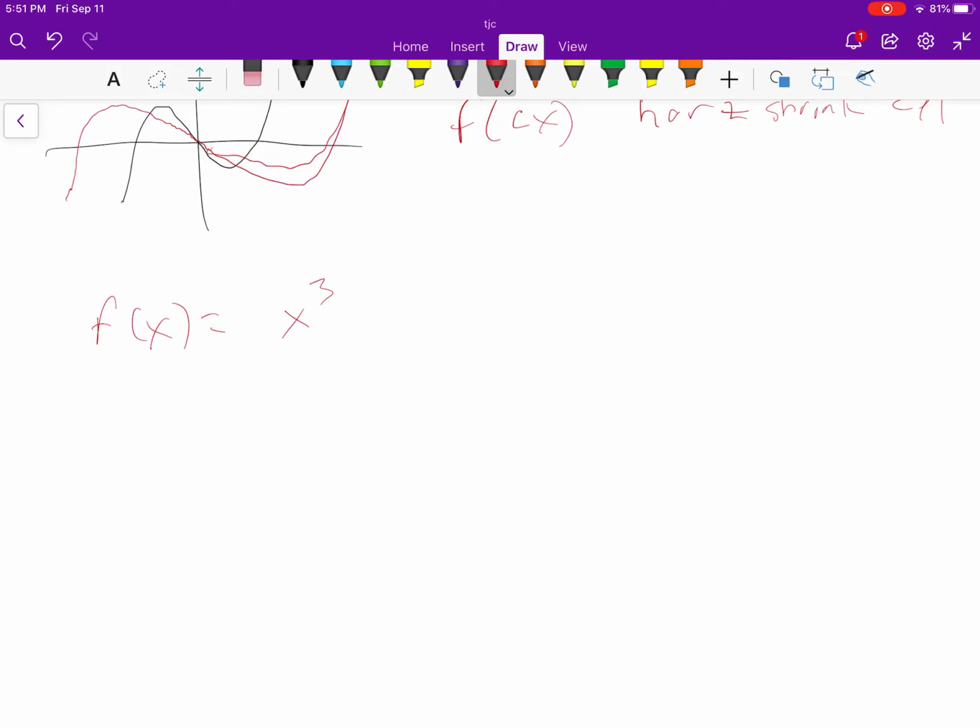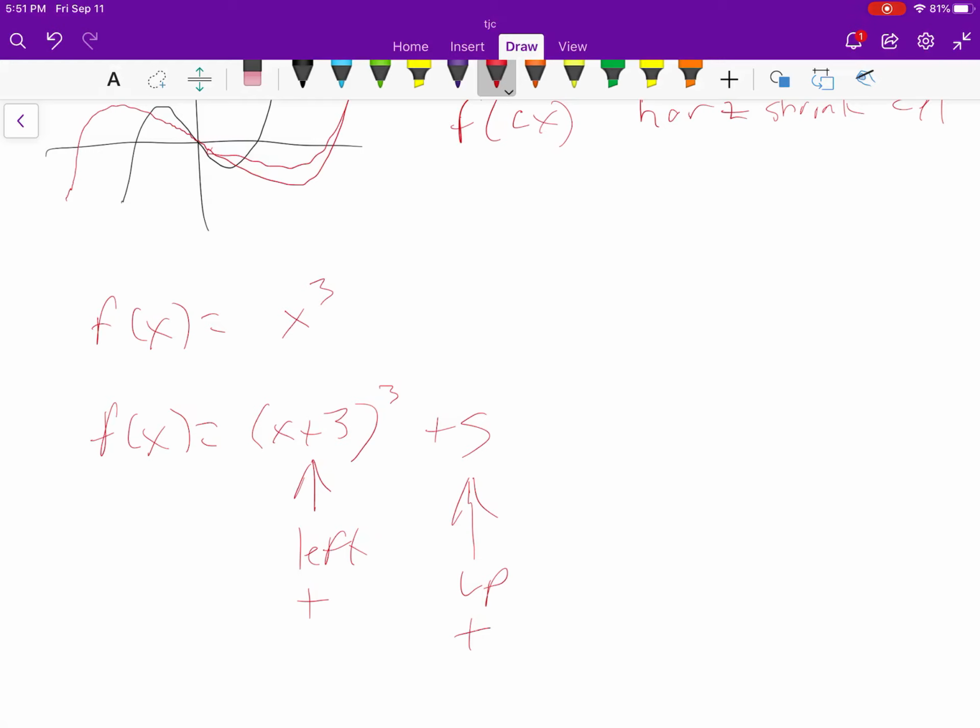Well, then up 5 would be plus 5, the left 3 would be plus 3, so then it would be f of x equals x plus 3 cubed plus 5. So this is to the left because it's plus, and this is up because it's plus.